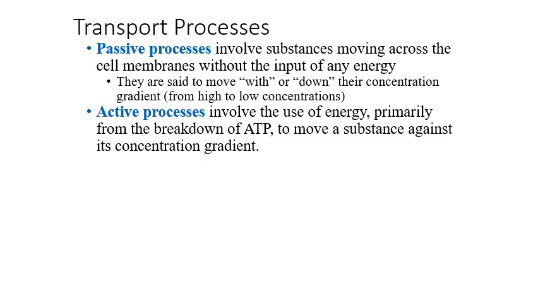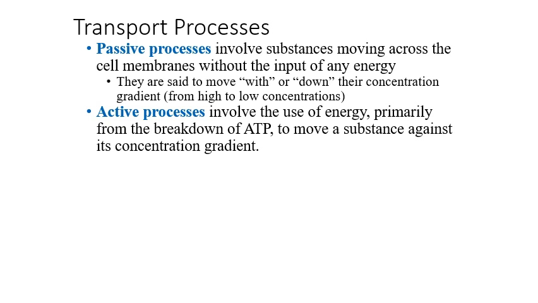All right, so how do we get stuff inside and out of this phospholipid bilayer? There are two major categories for transport in and out of the cell, and those are the passive processes, which don't require any energy, and the active processes that do require energy. So passive processes means that we're just moving across the cell membrane according to a concentration gradient, meaning substances tend to want to move from high concentration to low concentration.